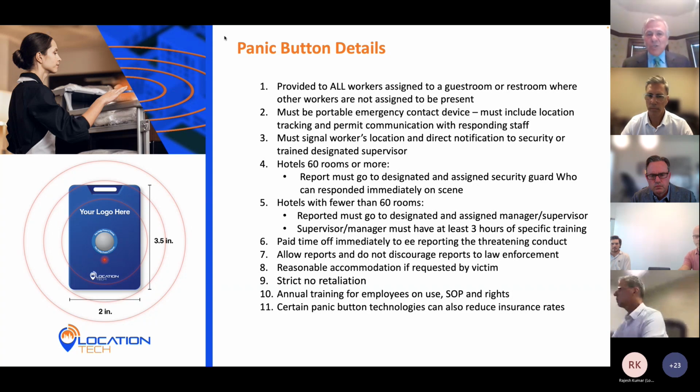There are other requirements relating to the rights of individuals who experience violent or threatening conduct and trigger an alert. An employee who does so and experiences violent or threatening conduct is entitled under the ordinance to paid time off immediately to go see a counselor. Counselor is not defined. We hope that that'll be defined in the regulations, but they need paid time off immediately to go see someone.